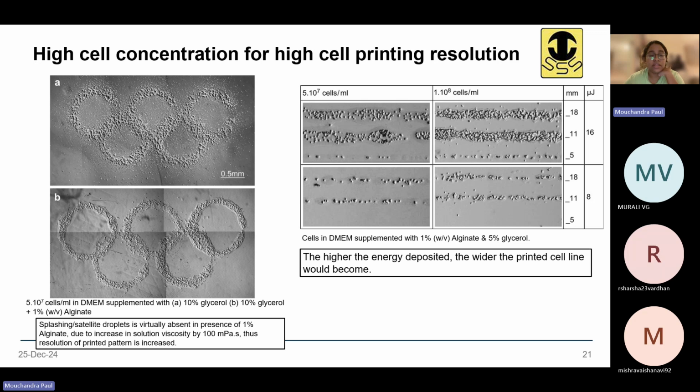It is mixed in medium. In figure A, there is only 10% glycerol. And in figure B, there is 10% glycerol mixed with 1% alginate. This means what? The viscosity of the bioink in figure B is higher than the one in figure A.